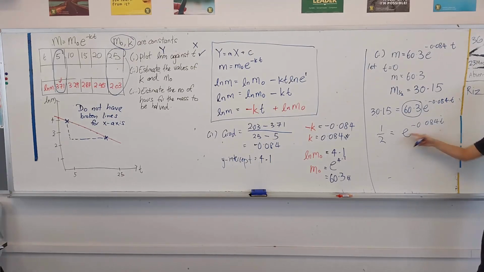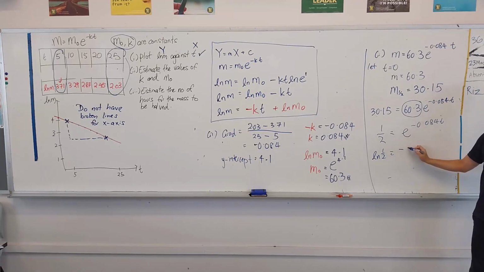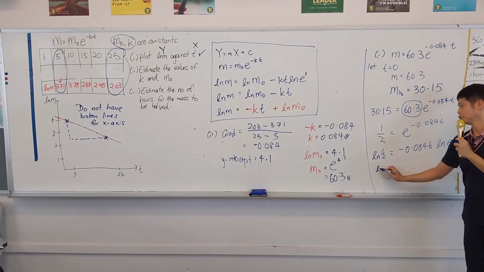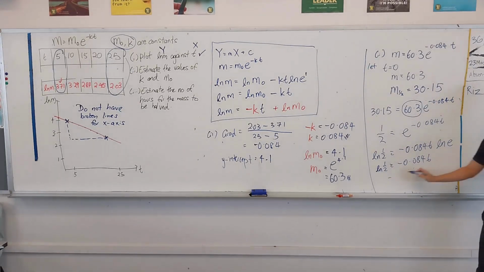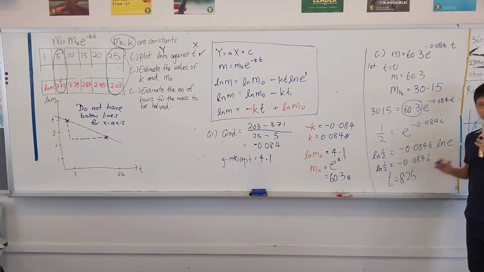Okay, let's do ln both sides. Very simple, right? ln e, by now we have seen many times, is actually equal to 1. So ln half equals negative 0.084t, and the final answer is, okay, that's all.